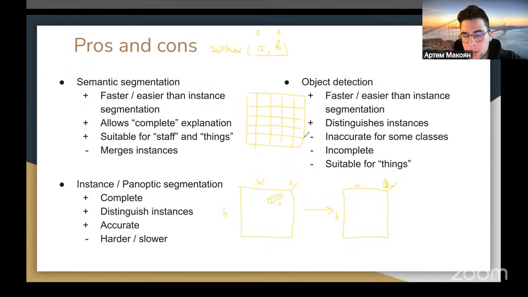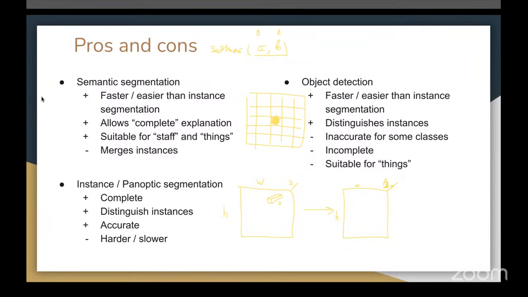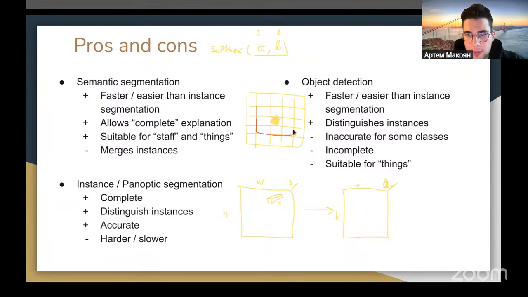So after we use a convolution with kernel size 3, for example, padding 1 and stride 1, the size would be the same. The question is on what values this output will depend. Kernel size 3, stride 1. Any ideas? So, on a 3x3 matrix. Yeah, right. On these values.